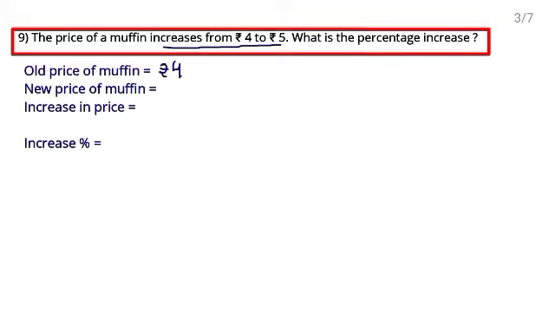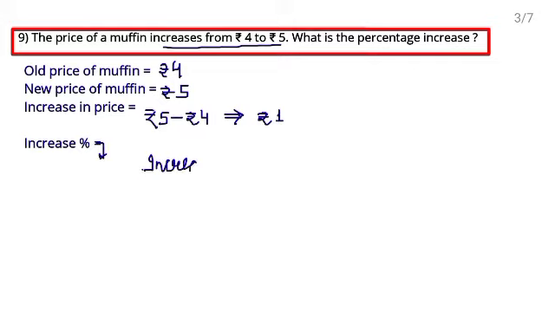New price of muffin, they have given, increased to 5. Okay, now increase in price. How much has the price increased? 5 rupees minus 4 rupees. We will subtract 4 rupees from 5 rupees. So increase in price is 1 rupee.